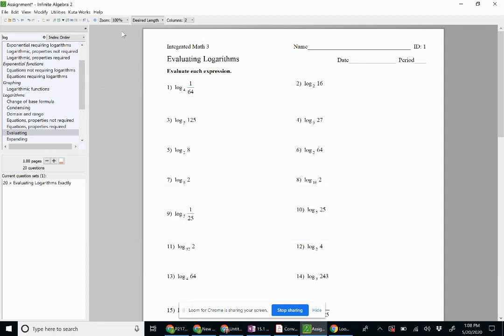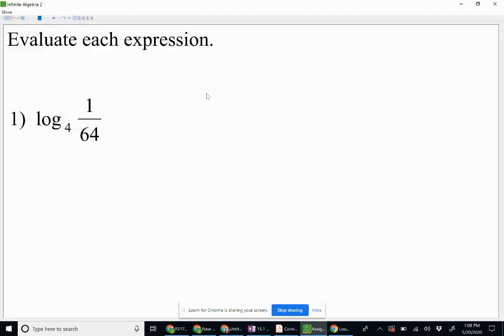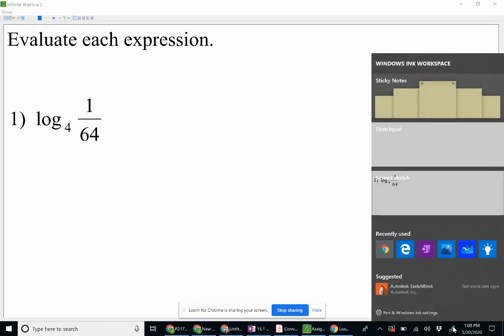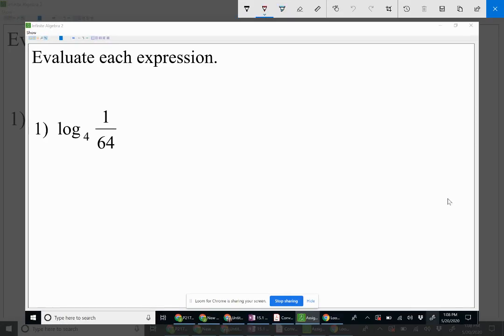Let's look at number 1. Okay, this time we need to find log base 4 of 1/64. So we're looking for 4 to the what equals 1 over 64. Now, remember, a negative exponent turns your base into a fraction if it wasn't already.